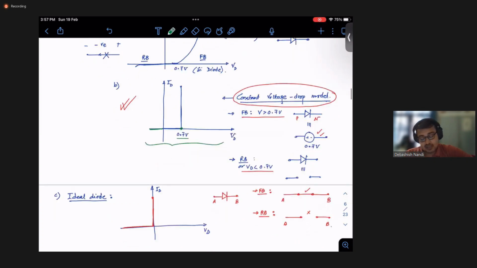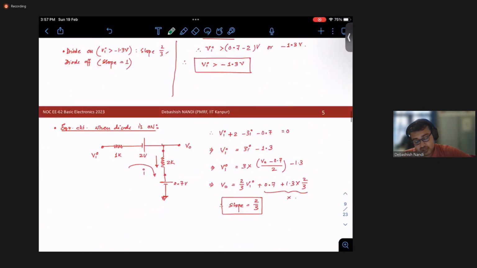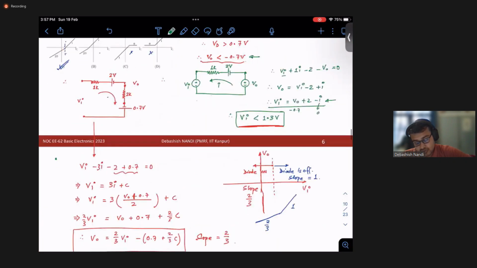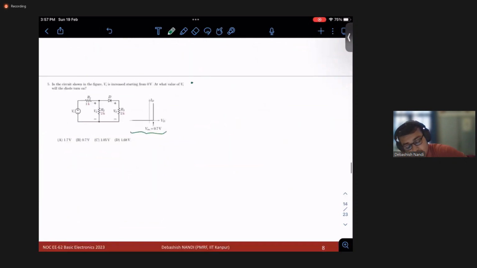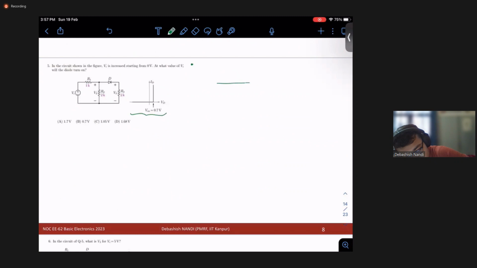So you see, not just for this course, you should remember this: if two plots meet, let's say this is a curve, this is a boundary somewhere, and from here it is a straight line.